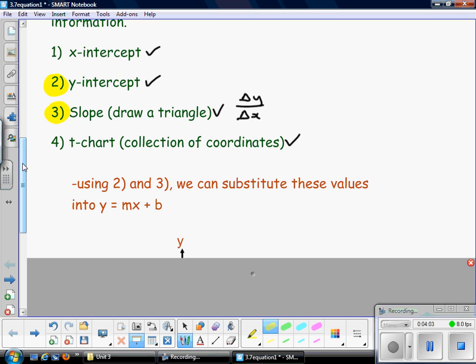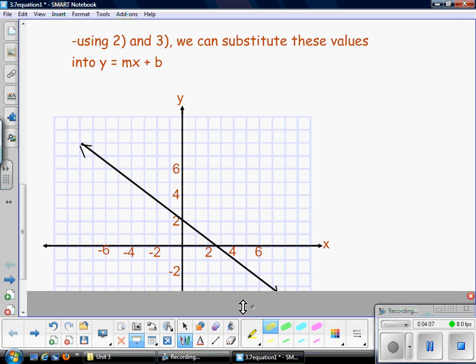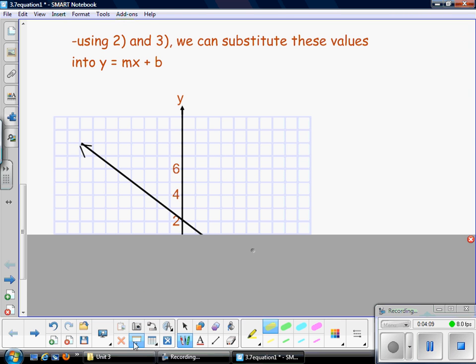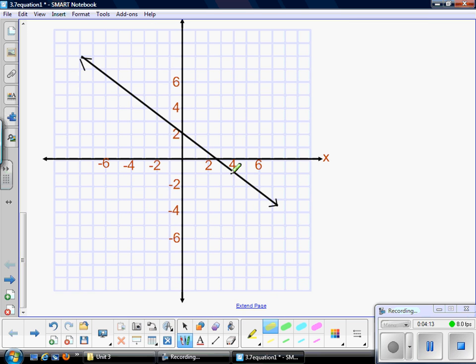So let's take a look at what I'm talking about down here. I'm just going to get rid of our cover there. You can see that if I'm looking at the x-intercept, it doesn't intersect exactly in the grid, so I wouldn't be able to determine for sure what that is. However, it's much easier to determine what the y-intercept is.